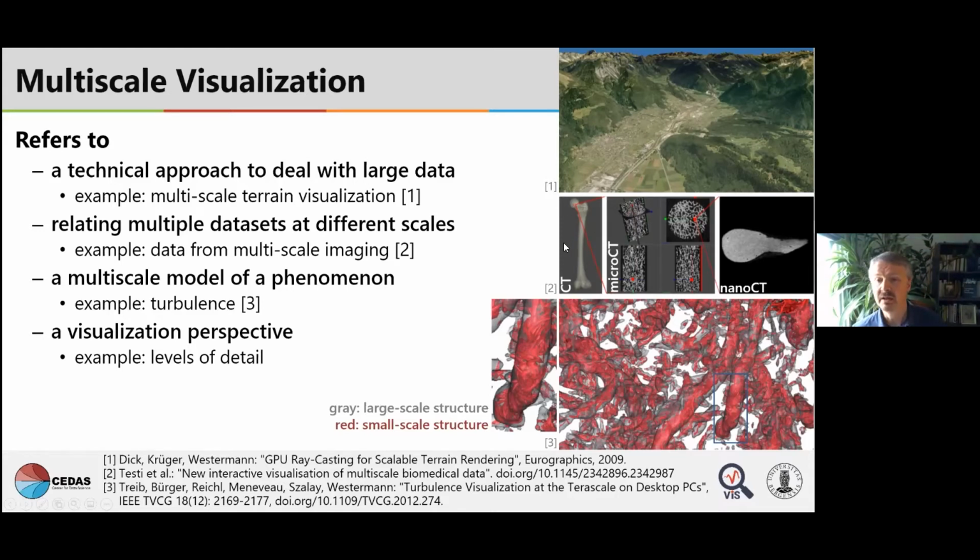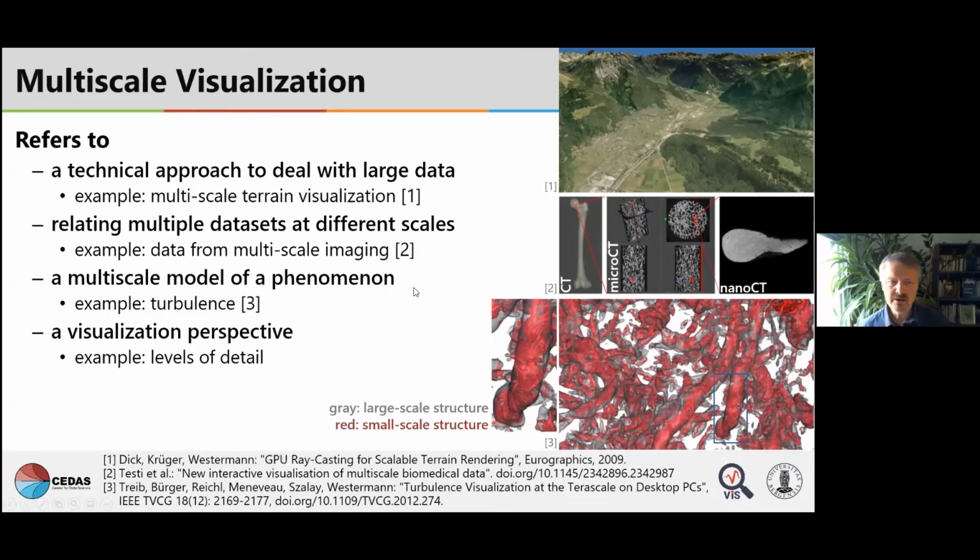This would be a regular anatomy scale CT combined with a micro CT and even a nano CT, where you have different data sets representing different scales of the same structure. Here it's a bone structure that we are looking at. And there are lots of interesting problems to solve, starting with registration questions and interaction questions and whatnot.